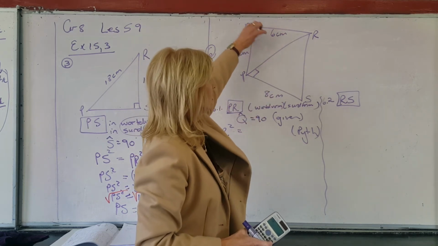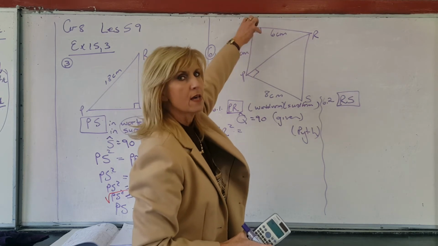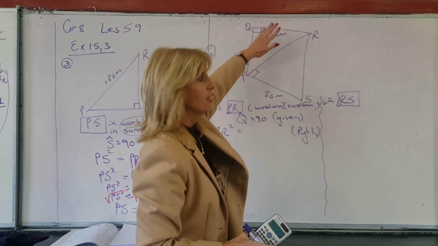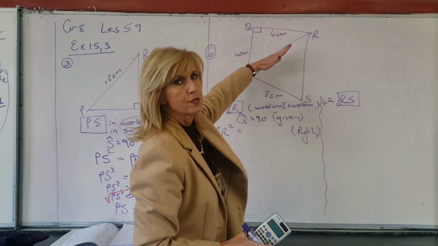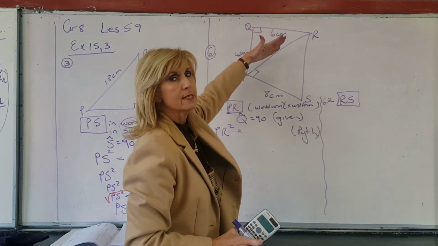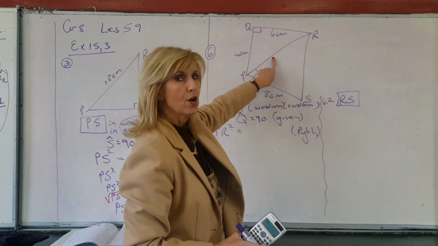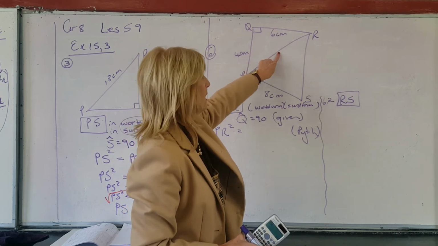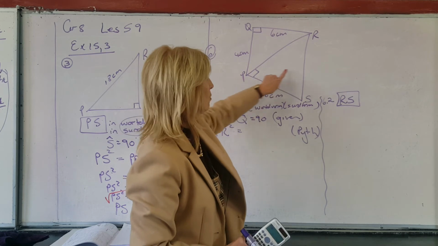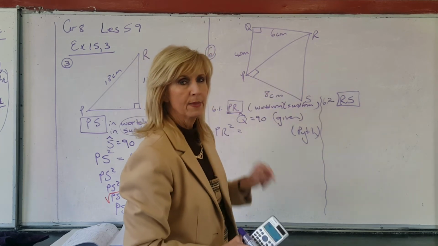En hierdie driehoekie is hy die skynsy. Yes, it's the hypotenuse side in the top triangle. It is a hypotenuse side for the top triangle. It is a right angle side for the bottom triangle. Hierdie PR is die skynsy van daai driehoek, maar hy is nie die skynsy van hierdie driehoek nie. Daar sit die skynsy van die onderste driehoek.